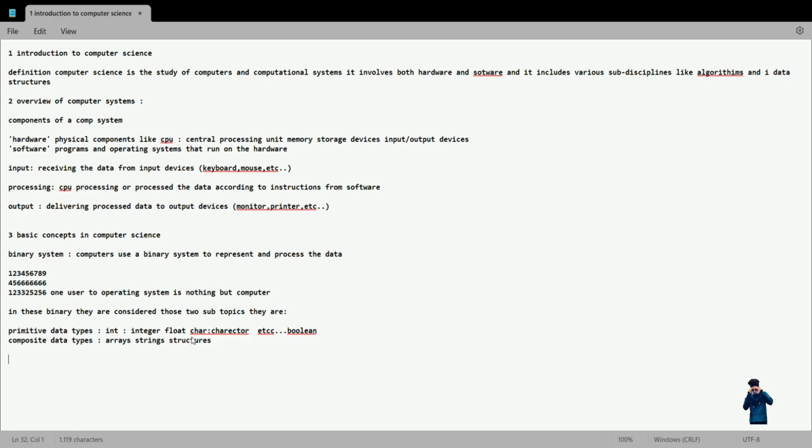After that, we want to know about the fourth one: introduction to algorithms and programming. What do you mean by algorithms? First of all, we take algorithm as a subheading.